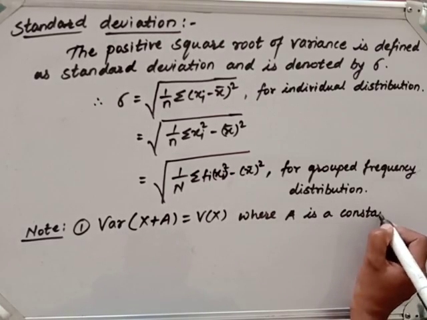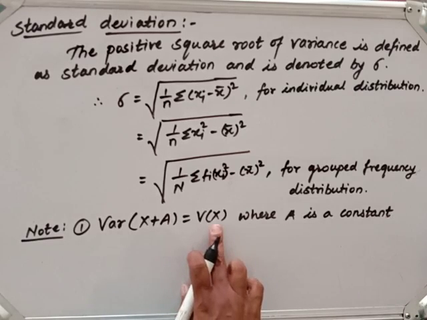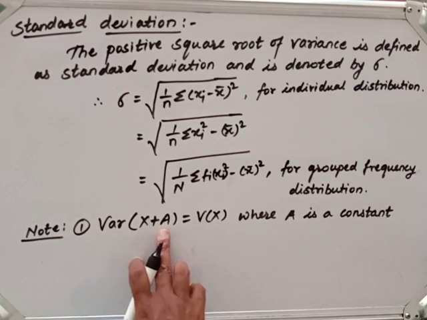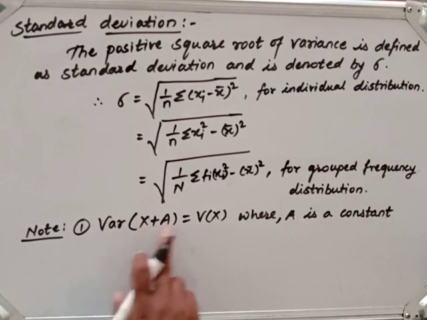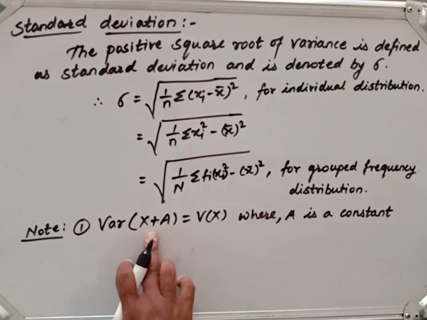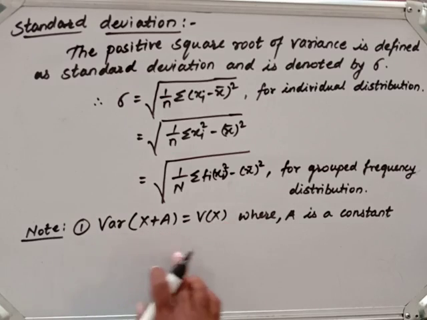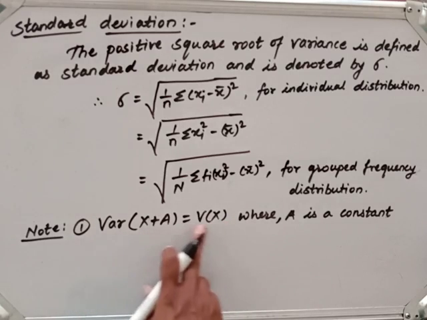It means we are finding the variance of some xi's, then we add the value of a constant to each xi. Still the variance remains the same.